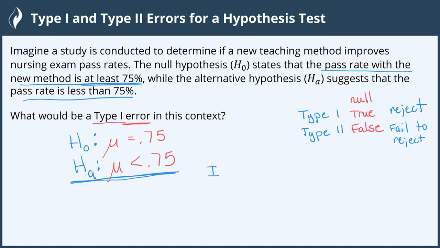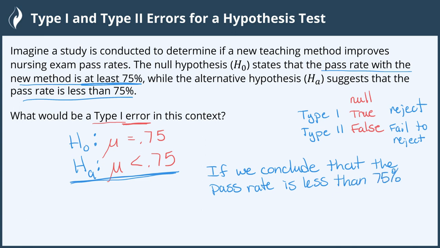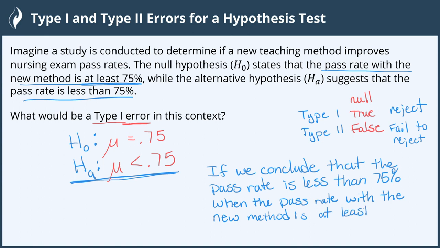So a type 1 error would be if we conclude that the pass rate is less than 75%, when actually the pass rate with the new teaching method is at least 75%. We've now identified the type 1 error for this hypothesis test, and we're all done.